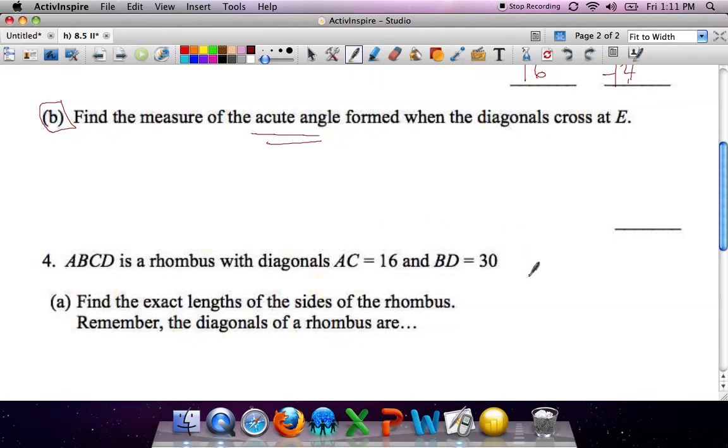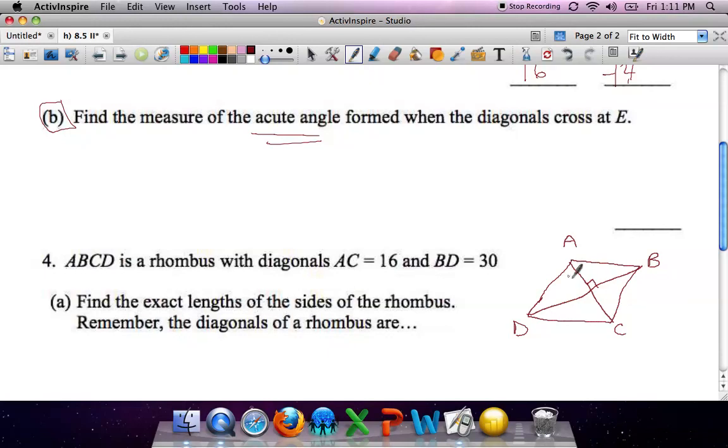ABCD is a rhombus with diagonal lengths of 16 and 30. We have to remember our properties of a rhombus. Some of the properties are that the diagonals form right angles. The other one is that, of course, they bisect each other.